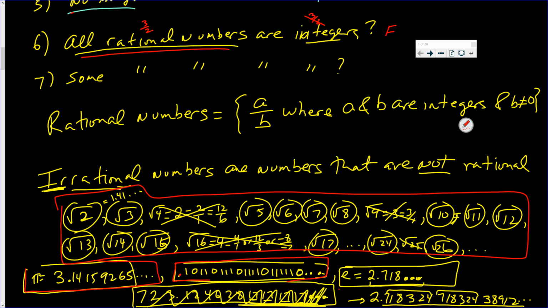It's a decimal number that goes on forever and ever without repeating. And it turns out that the square root of 11 and the square root of 26, the numbers you don't know the square root of, cannot be written as a finite decimal number. It will be a decimal number that goes on forever and ever and does not repeat.